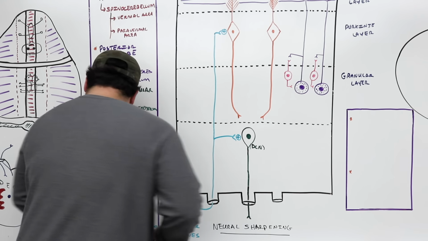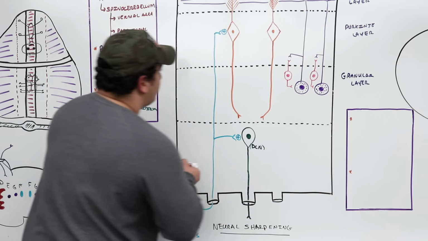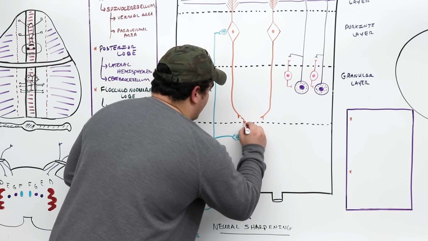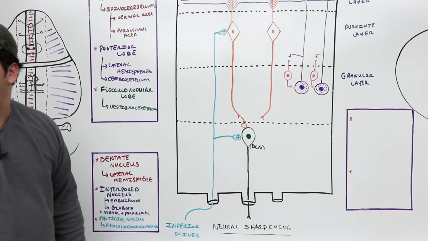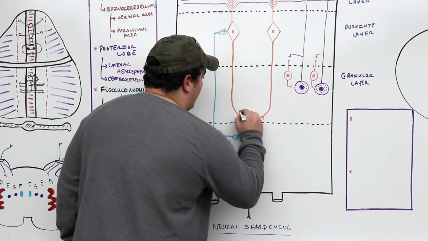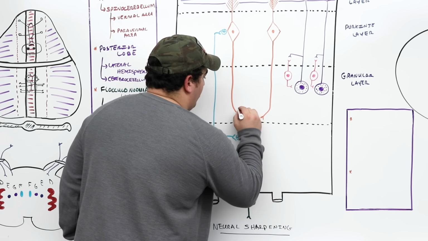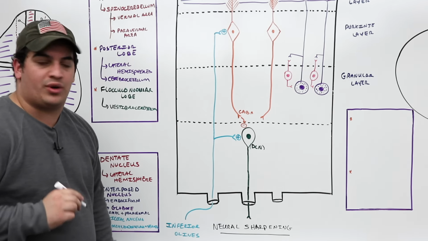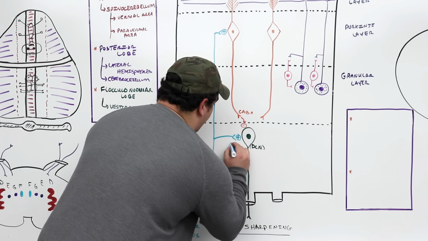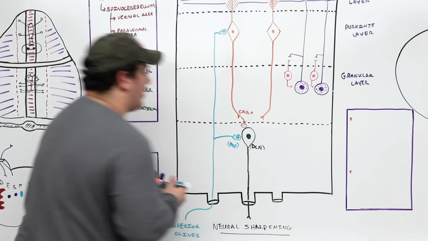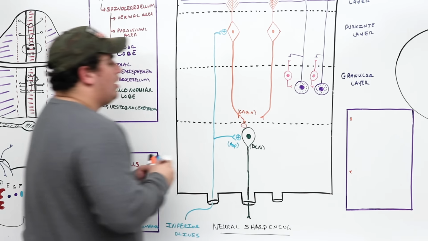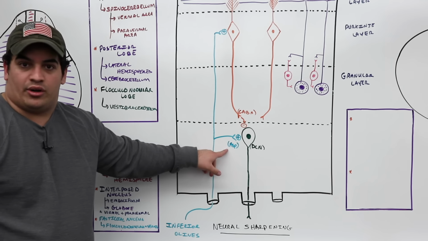These Purkinje fibers release inhibitory neurotransmitters, particularly GABA, which stands for gamma aminobutyric acid. And then these ones here are going to release aspartate, so we'll put ASP here. So GABA here is an inhibitory neurotransmitter, and aspartate is a stimulatory neurotransmitter.